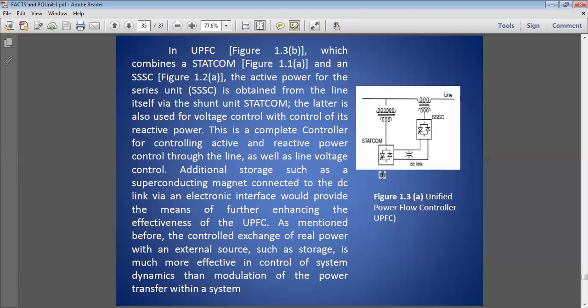See, this is the STATCOM and this is the SSC. Either voltage source or current source converters are there, and they are connected with the help of a DC link. And see, this is the capacitor, so these are voltage source converters, connected to a single line, one for the shunt compensation and one for the series compensation, and it is possible to control them in a unified manner.